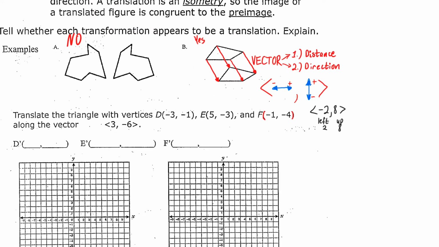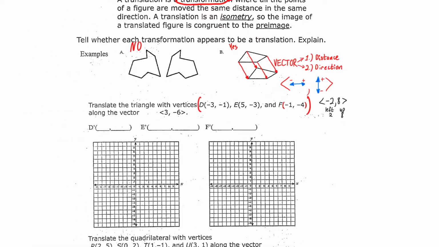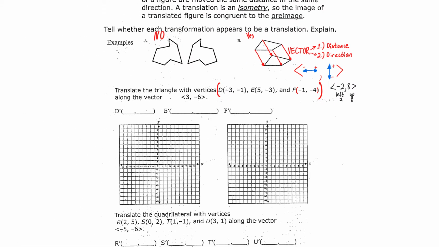Now I want you to plot these 3 points, D, E, and F, on that first grid. Make sure you label the points with D, E, and F and connect them to make the triangle.